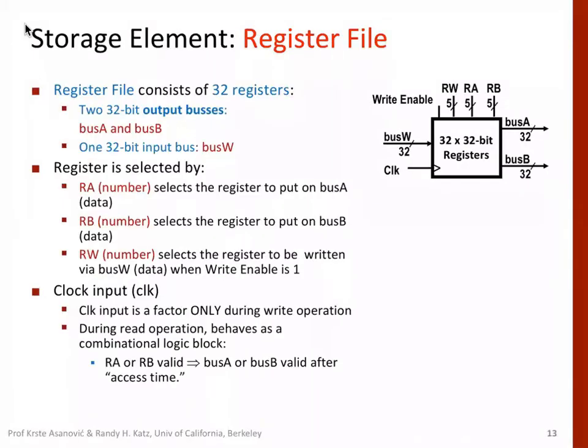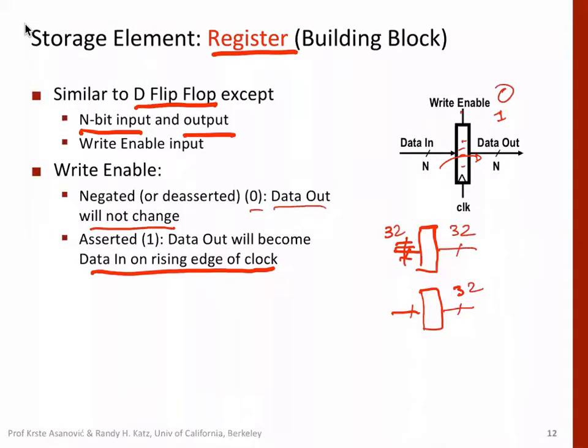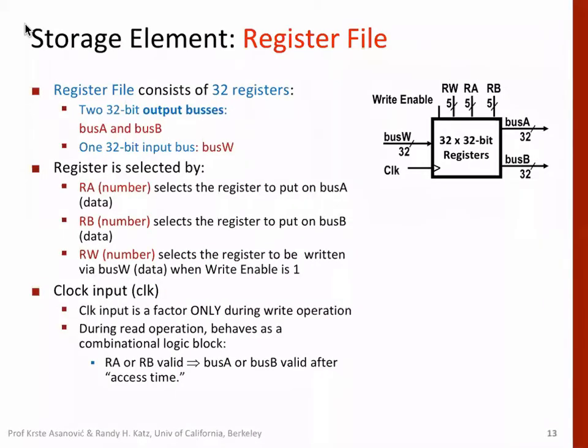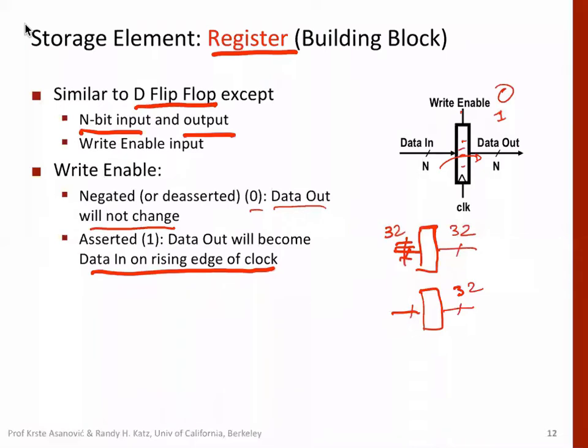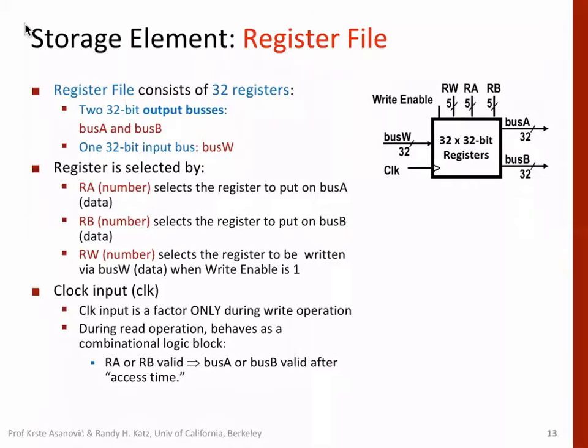So what we have been talking about is an individual register. Now we can combine these 32 registers and put them in a file, which is a register file, which is nothing but a block.